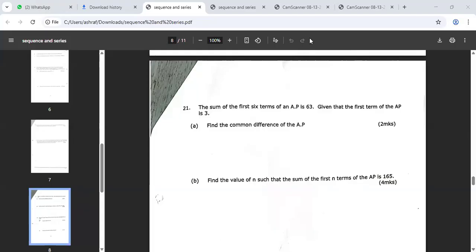Anyone else? Yes, William. Unmute yourself. Negative 10 and negative 11. Good. Any other answer? Yes, Larry.